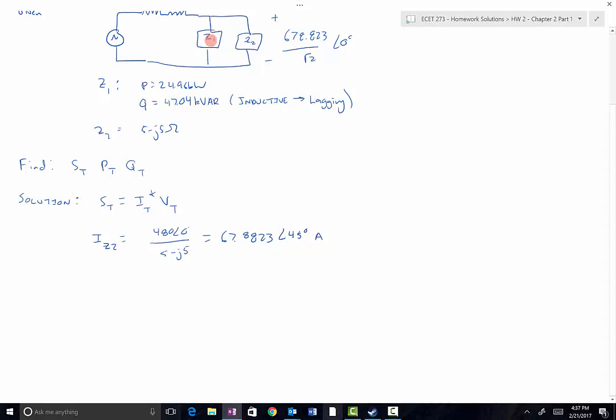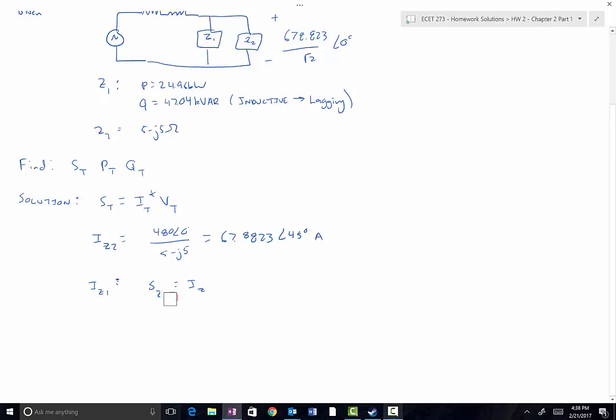If I wanted to determine the current in Z1, the two parameters that I know for Z1 are the power that it absorbs, P and Q, and I also know the voltage. So I'm going to use the same relationship here, but applied to this portion of the circuit.